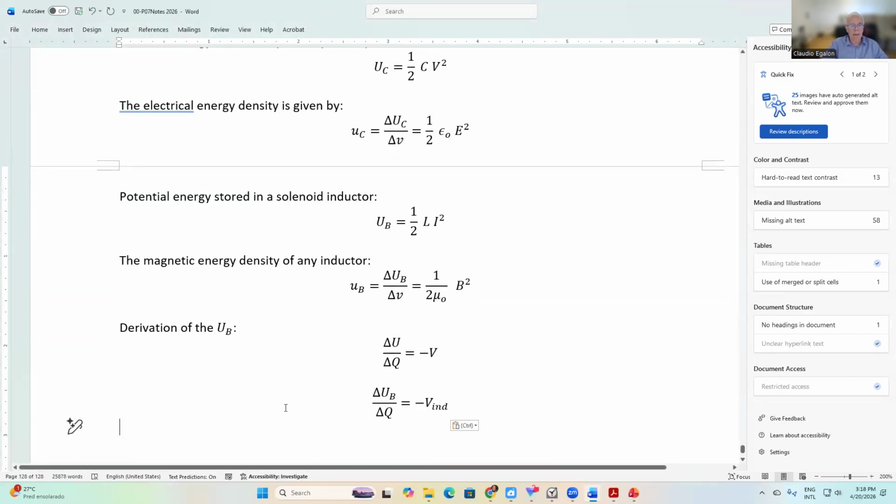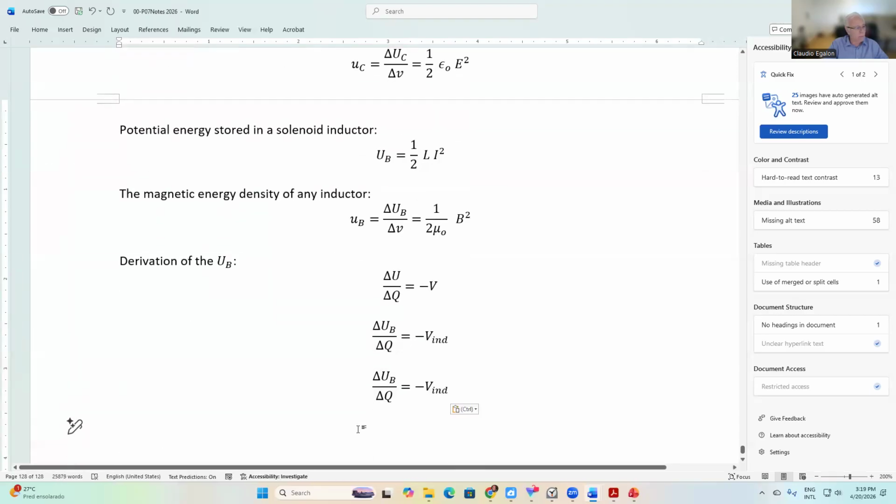It's going to be the change in magnetic potential energy over delta Q, now equal to minus the electric potential of the inductor. Okay. Remember, I want to calculate this device, this guy that you see right in here. It's not an obvious derivation, okay? It's not an obvious start, so that's why I'm doing that for you.